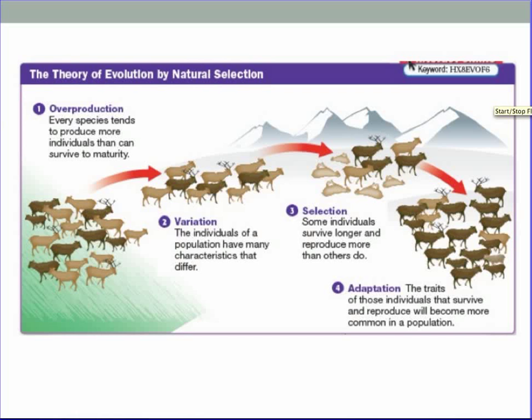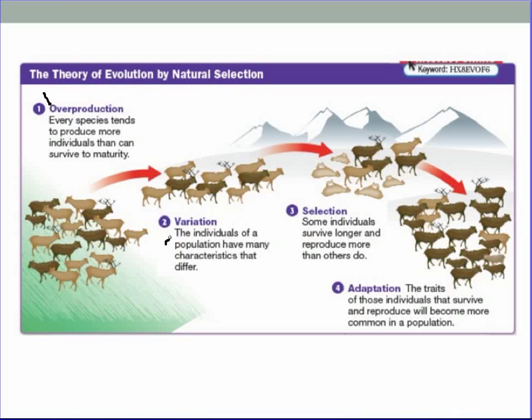So Darwin's theory of natural selection has 4 steps. The first step is overproduction. Overproduction just says that every species makes more individuals than are able to survive to maturity, meaning that some are going to die, but more individuals than can survive are produced.